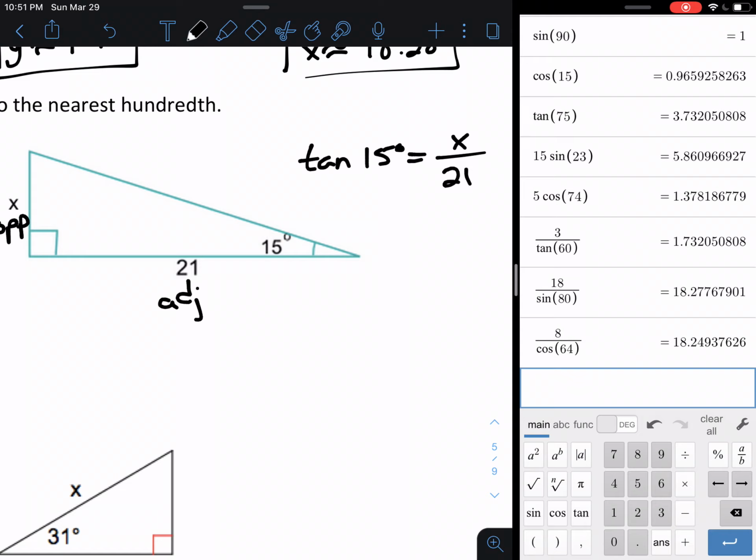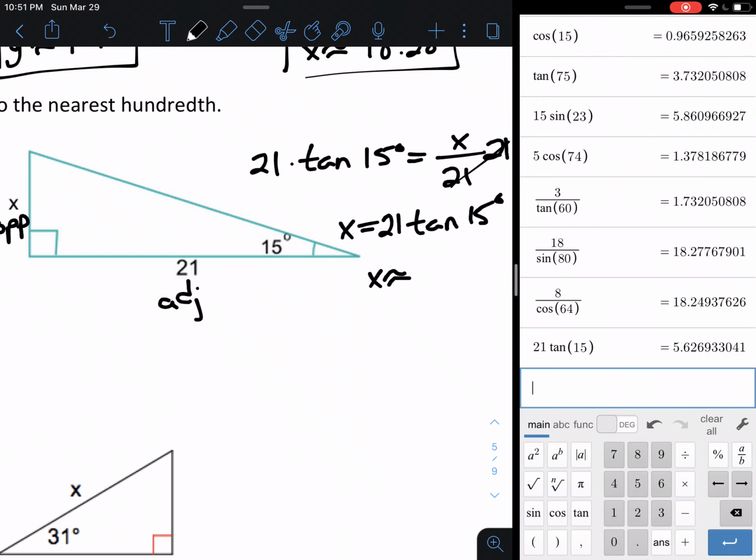And then to solve this one, no swapping of anything, just multiply each side by 21. So you get that x is equal to 21 multiplied by the tangent of 15 degrees. And then we'll type that into a calculator here to get our decimal approximation. So 21 tangent of 15 is approximately 5.63.